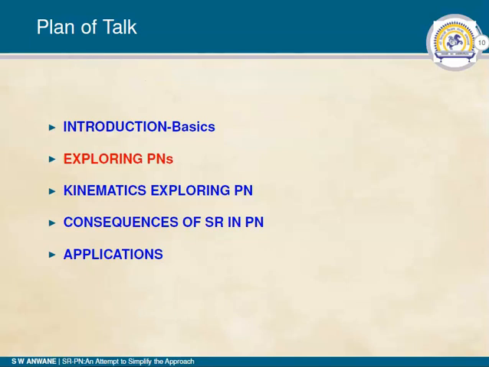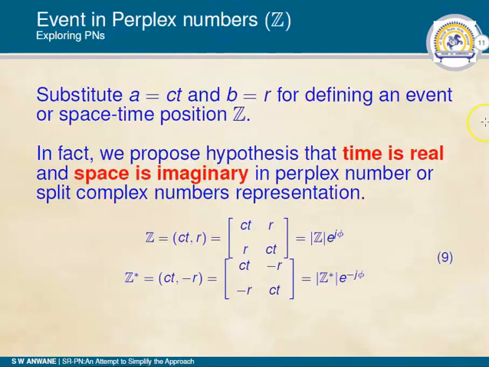Now friends, we are in the second part of exploring perplex numbers for writing an event in spatial relativity. For this, we simply have to substitute the first part, which is the real part, as c t, which we hypothesized in the beginning as time is real.